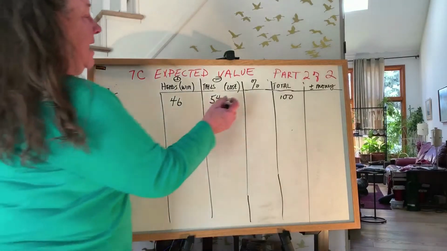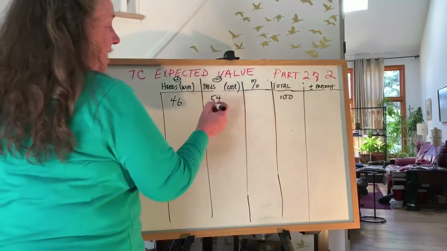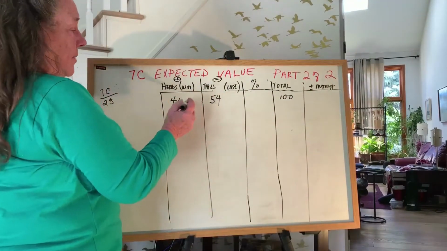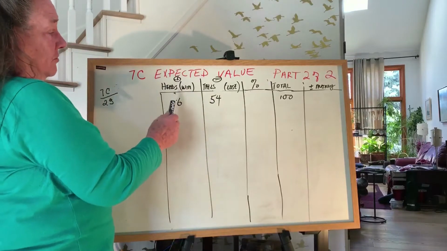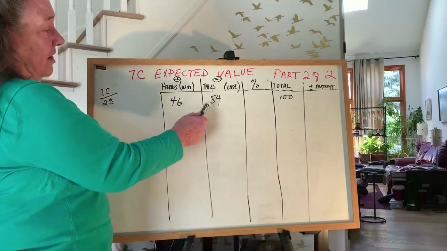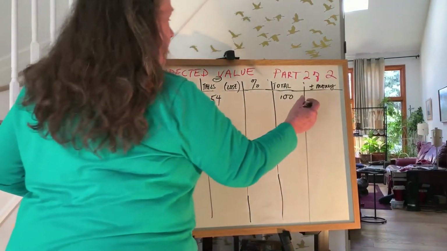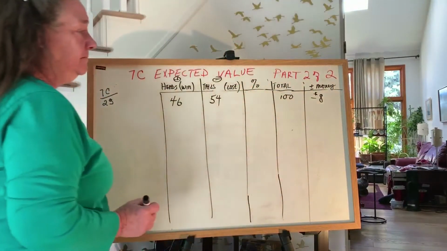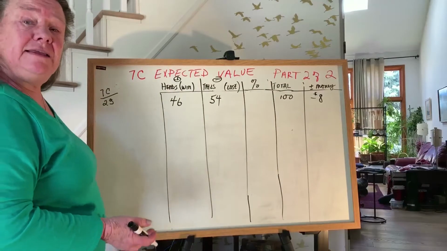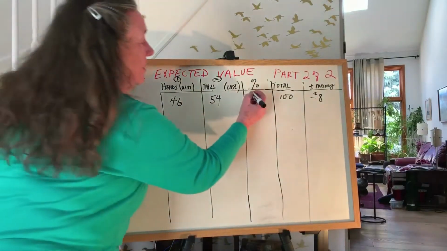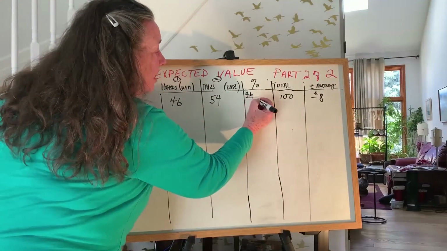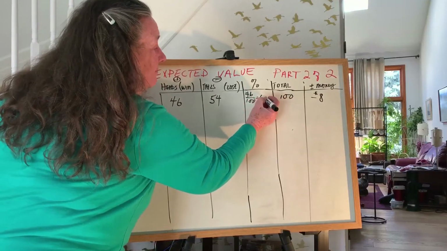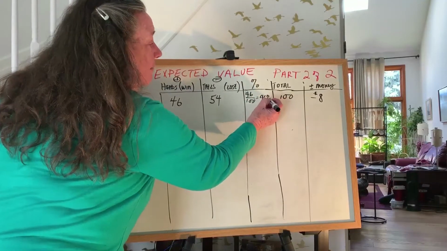Okay, so that's your total of 100. So right now, you gained $46, but you've lost 54, so you are down $8. Okay, what percentage of heads did you get? Well, this is 46 out of 100. That's obviously 46%, no problem.